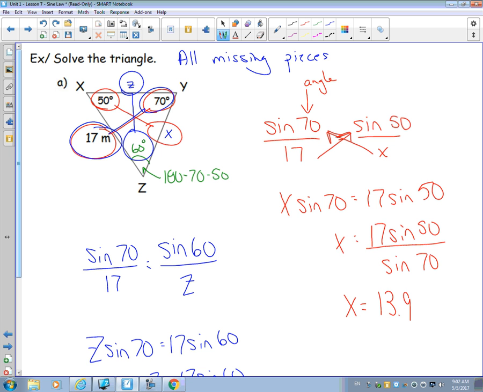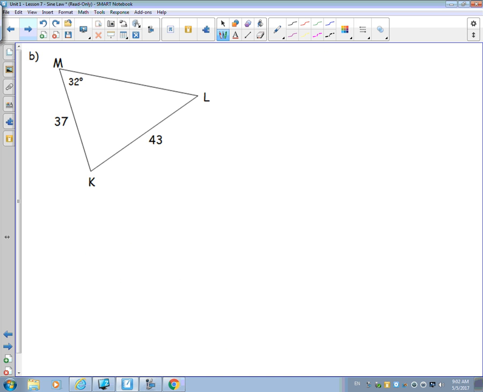Okay, let's try the next one. Again, we're still solving the triangle, so I want to find the missing parts and pieces. I look at this and say it's not right angled. I can't use SOHCAHTOA, but I can match things up. Side M goes with big M. So the first thing I can write down is the sine of my angle and its corresponding side.